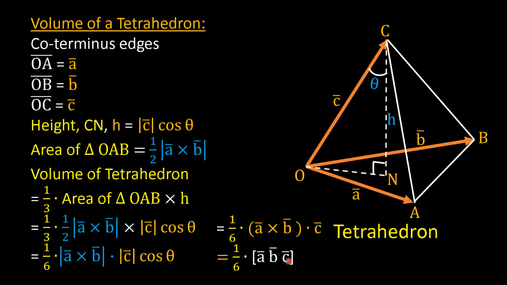Thus, we see that volume of a tetrahedron with coterminous edges A bar, B bar, C bar is 1/6 of the scalar triple product or the box product of vectors A bar, B bar, C bar.